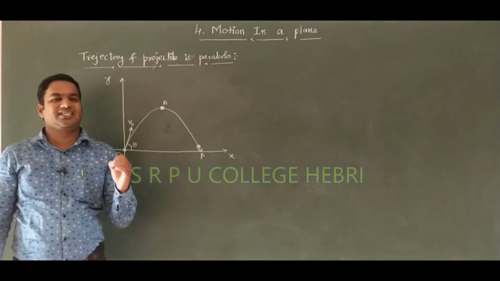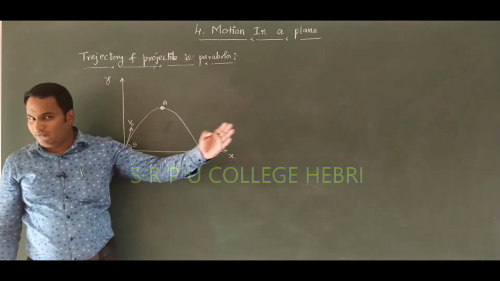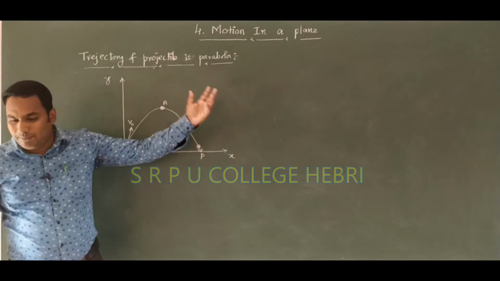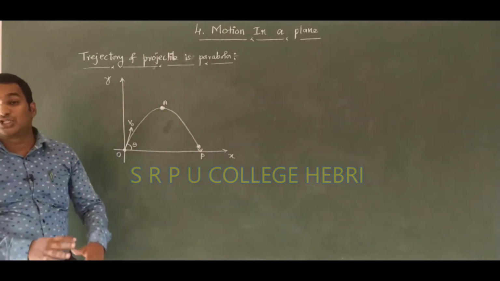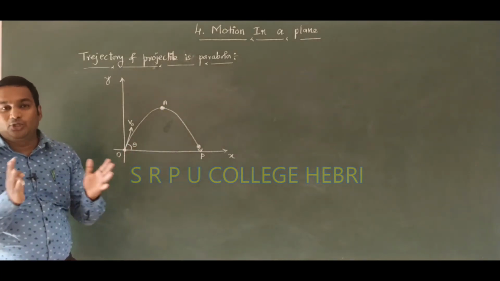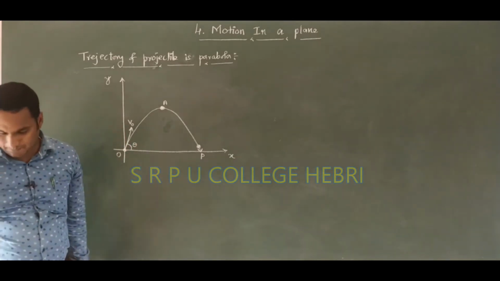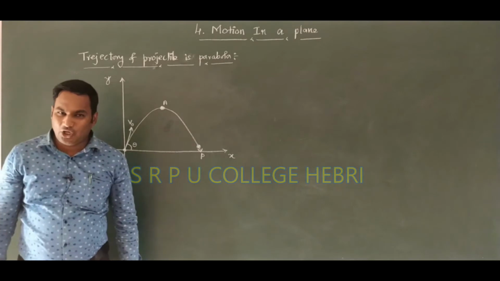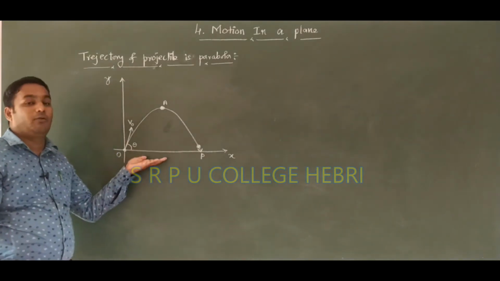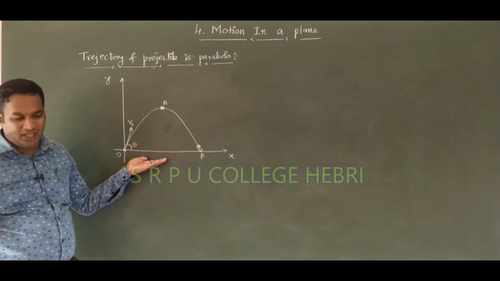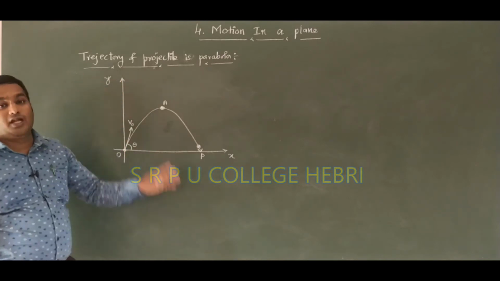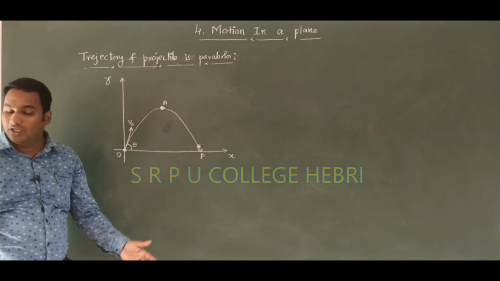I clearly explained resolution of vector; go back to the previous video. We already learned how the vector is resolved into its components. There are two important major components: one is the horizontal component along the x-axis and the other is the vertical component along the y-axis.